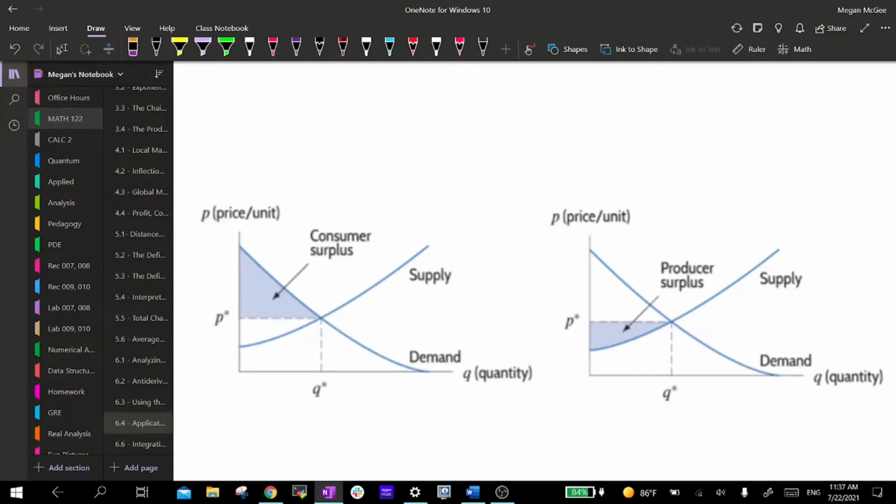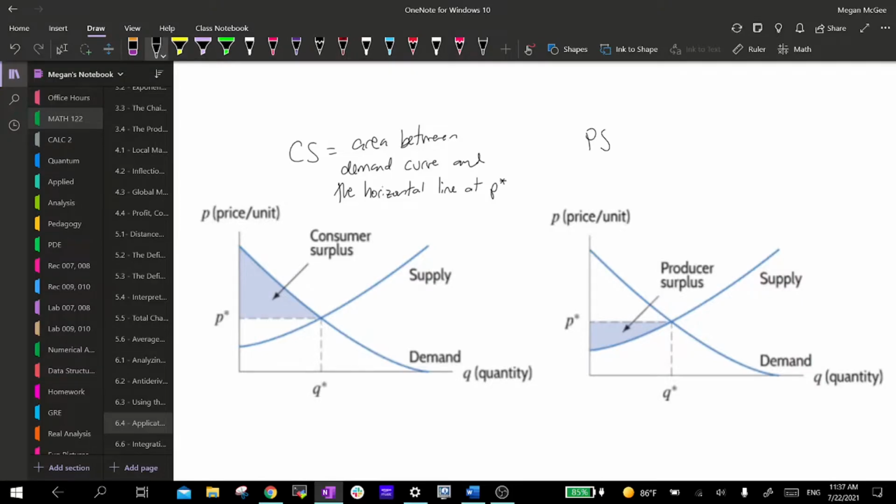All right, so our consumer surplus is the area between the demand curve and the horizontal line at P star, which this graph uses to label the equilibrium point on the price axis.